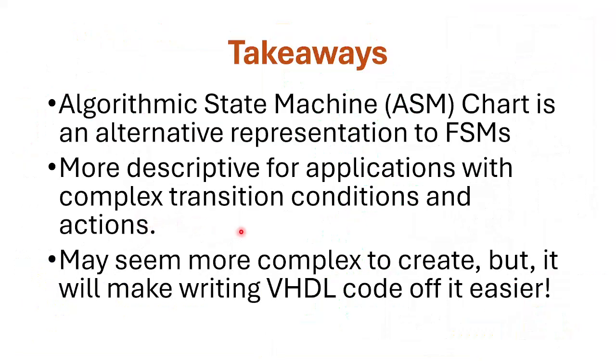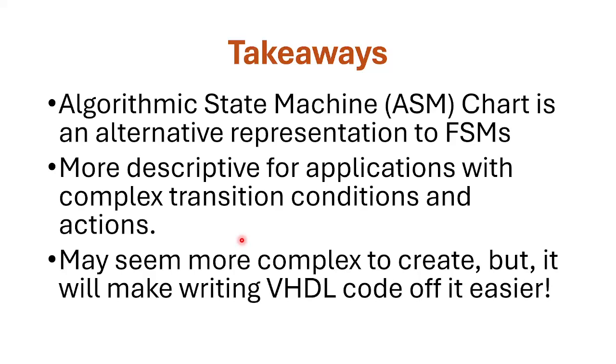So really the main takeaway is that algorithmic state machine charts, or ASM charts, as an alternative representation to finite state machine state graphs or diagrams, are a little bit more convenient to use when writing the VHDL code description of applications that may contain more complex transition conditions and actions, and that is typically the case of combined Mealy-Moore machines.